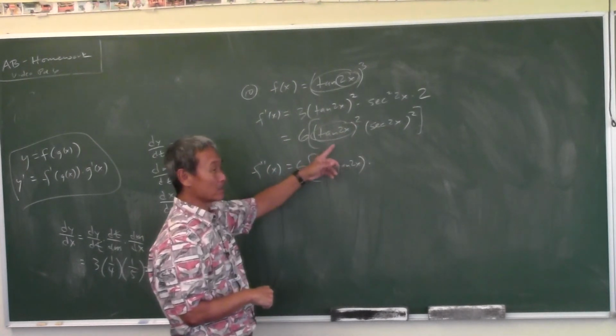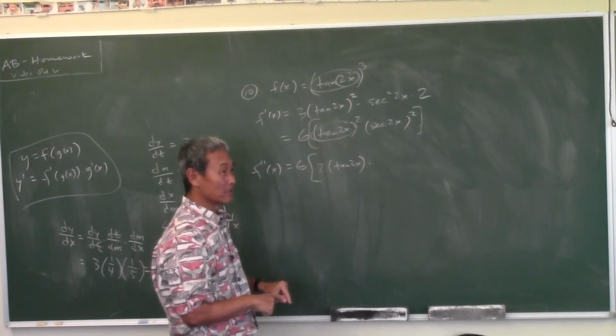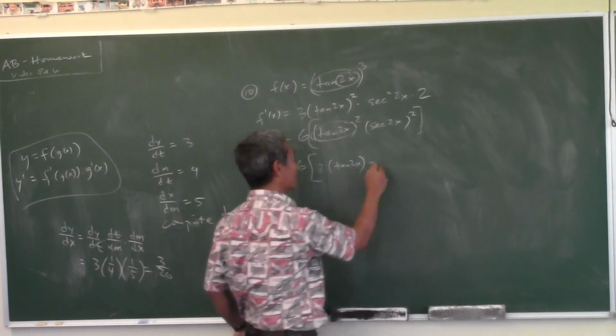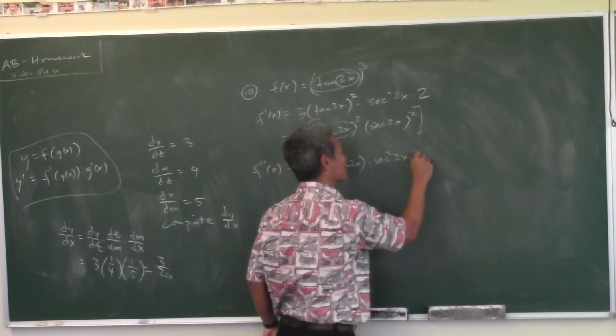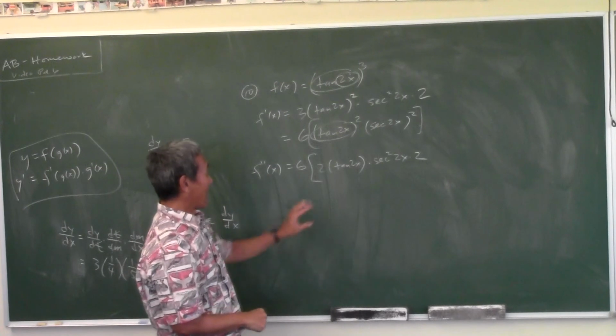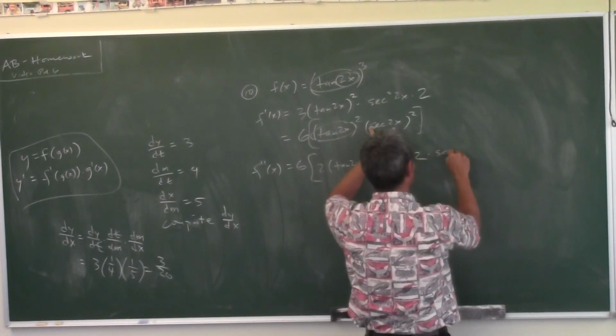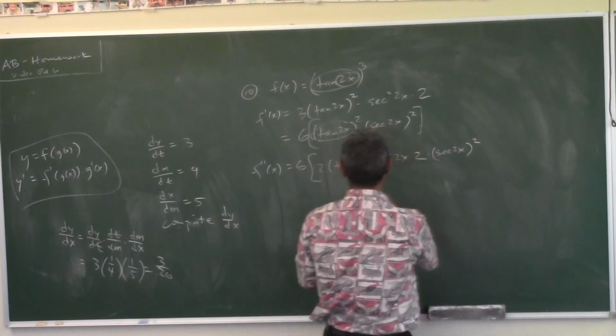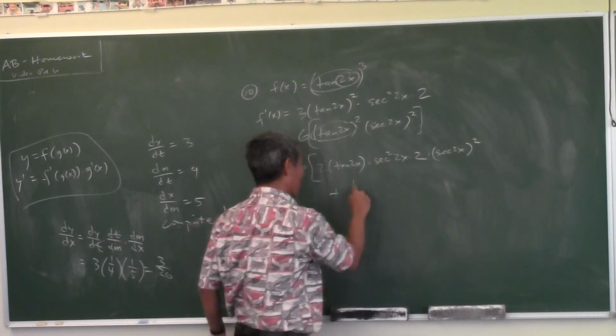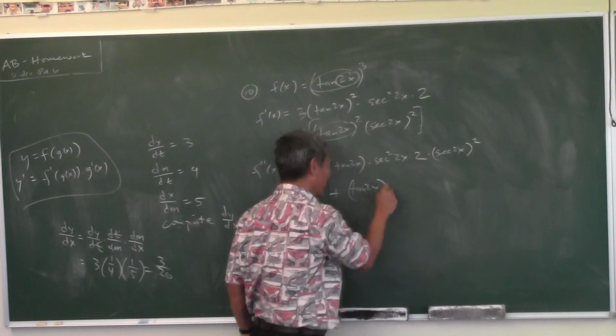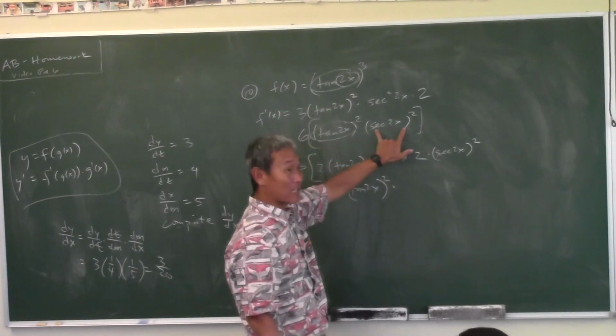Now, what's the box? Tangent box. The derivative of tangent box is secant squared box times the derivative of box. Now that's just the derivative of the first one. Now you gotta leave the second one alone. Plus, now you leave the first one alone, times the derivative of the second one.